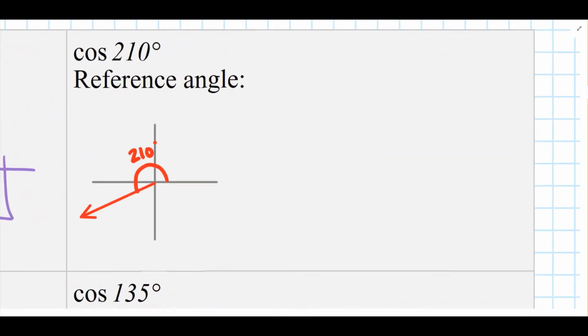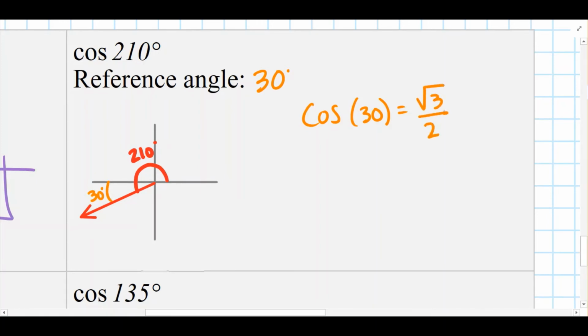For cosine of 210 degrees, we consider the reference angle 30 degrees. Cosine of 30 degrees is commonly recognized as the square root of 3 divided by 2, or 0.866.